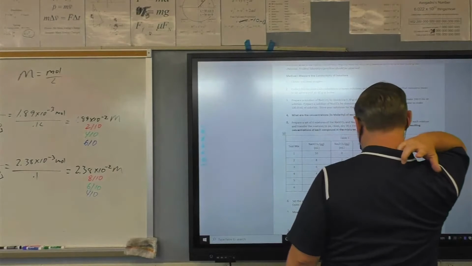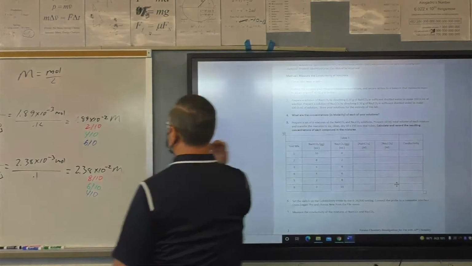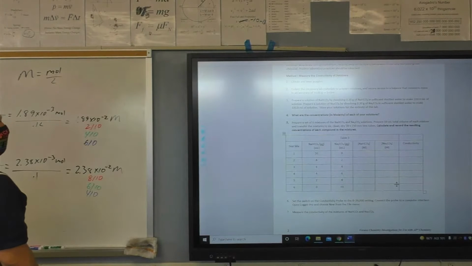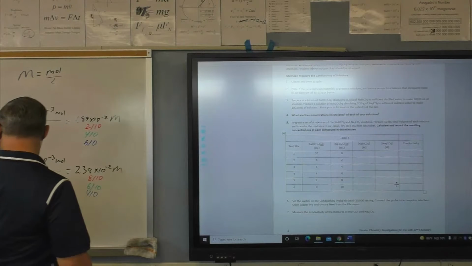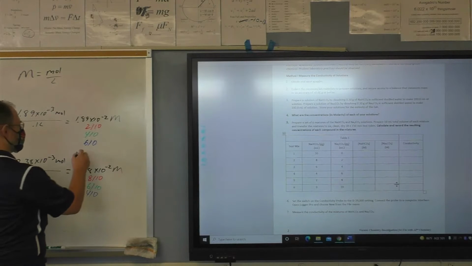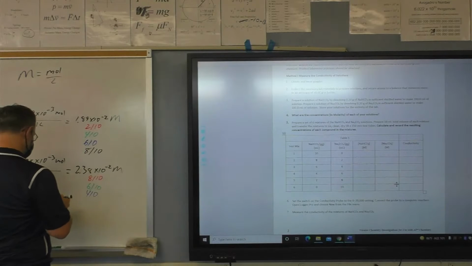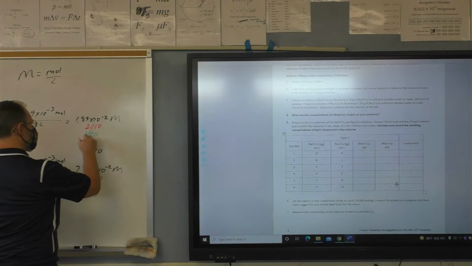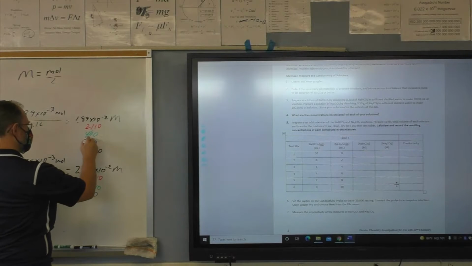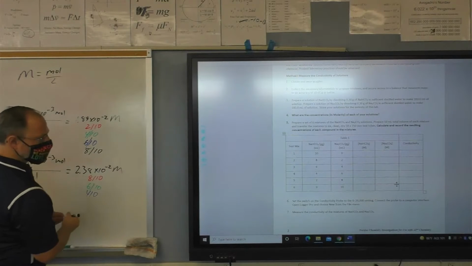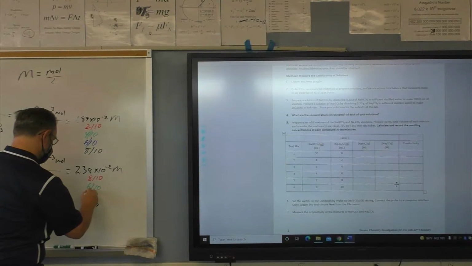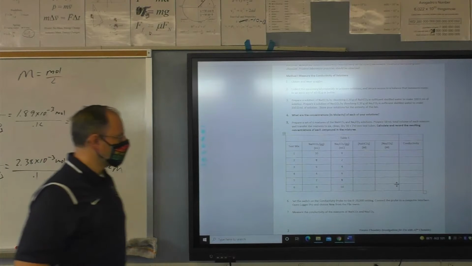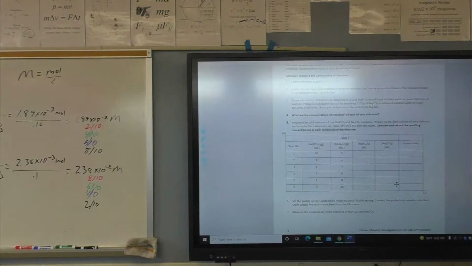Diluted to 6, diluted to 10, and then 8/10 and 2/10. That should give us the spectrum of concentrations, I hope, if I'm doing my math right and reading it correctly.